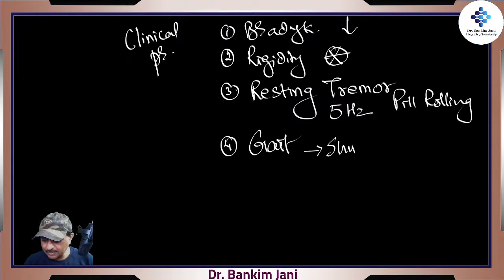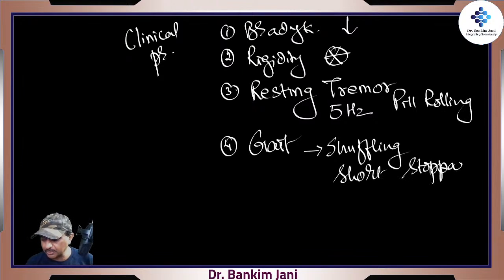Shuffling is moving from right to left, right? Because the problem is that at a later stage, they won't be able to balance. The balance will go. So they would try to shuffle from right to left to balance. And then you will also notice a short stoppage. Short stoppage. This is in the initial cases.